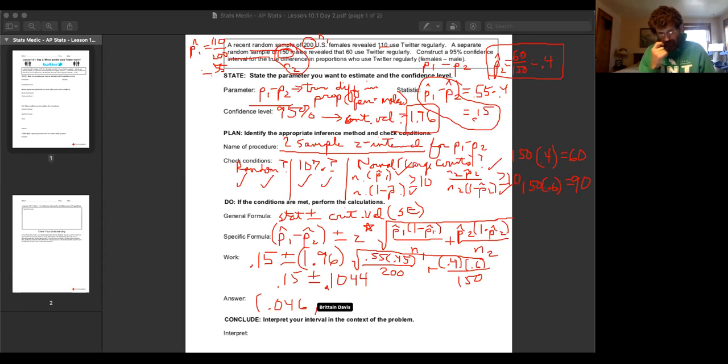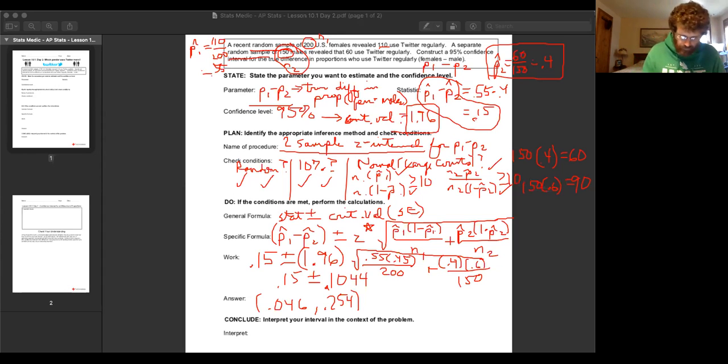And you can round it to 3 decimal places or whatever you want. I'm just gonna put it right there. Okay, and that's the confidence interval I got.